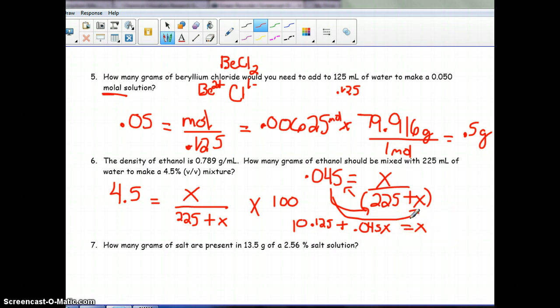We get x's on the same side, so I'm going to subtract the 0.045 x from the other side, and that leaves me with 0.955 x, and that is still equal to 10.125. Now I'm going to divide by 0.955 on both sides to get x by itself. And that gives me my answer of 10.6 grams.